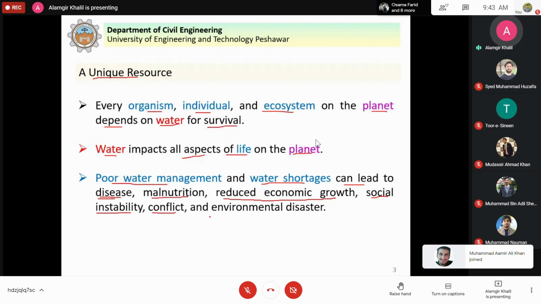So it can result in social instability and conflicts. Just like Pakistan and India, we are sharing the waters of the river, and also this type of conflict exists in different parts of the world where we have transboundary rivers.